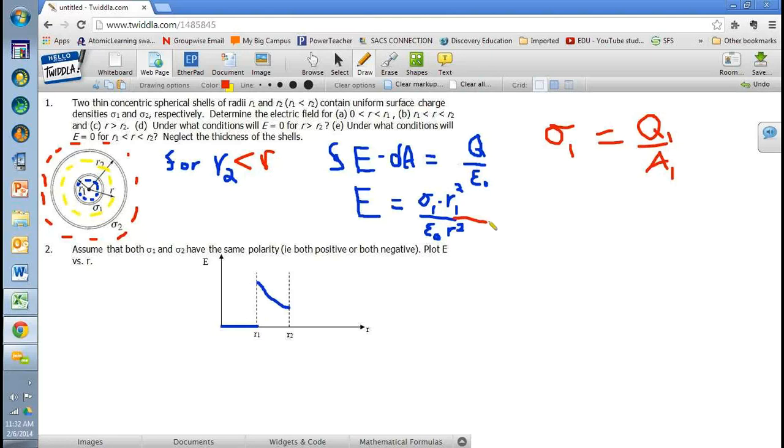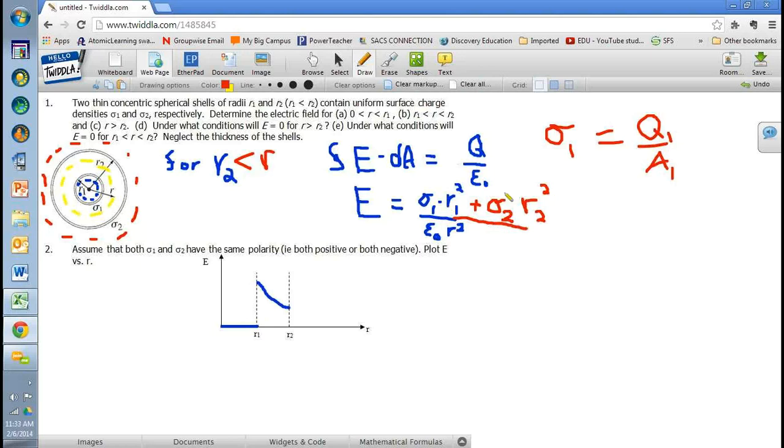I would simply put up here a plus sigma 2 R2 squared. And exactly what Laura said, we're not even really caring at this point whether they're both positive, both negative, or one's positive and one's negative. At this point, we don't know, but that's our answer.